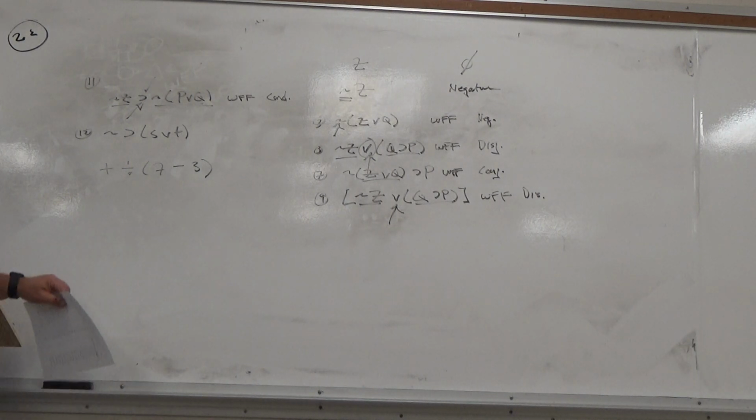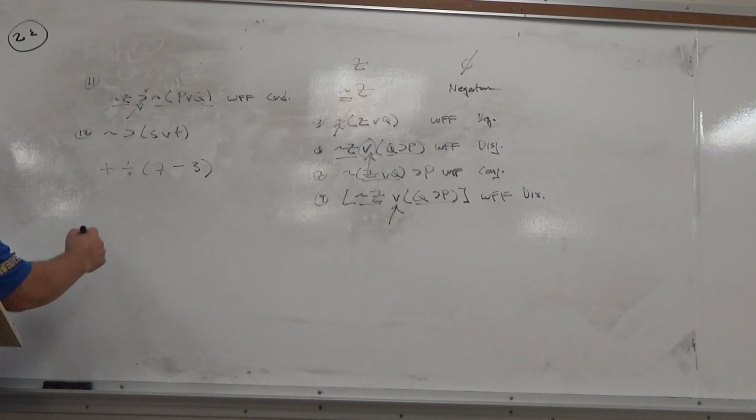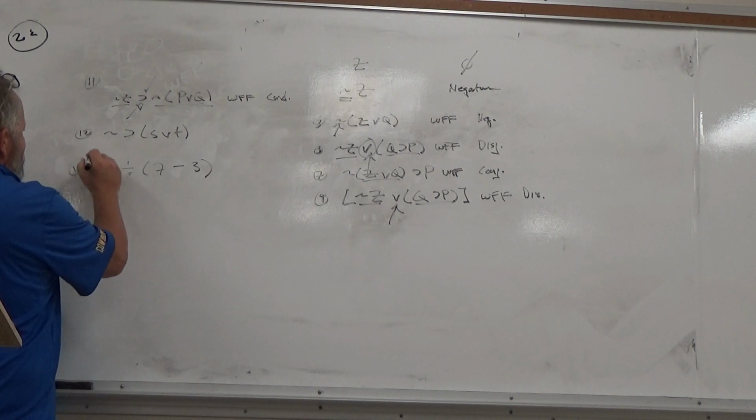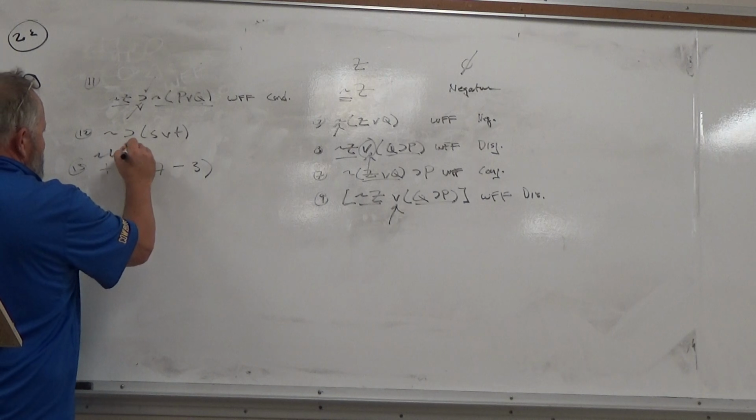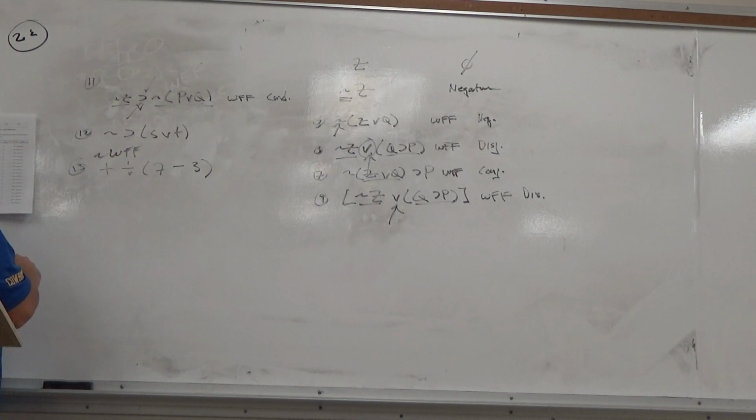And you would say, well, wait a minute, I need something to the left of this logical operator and something to the right of it. Does everybody understand that? So this, 12, would not be a well-formed formula. And therefore, there is no main logical operator, okay?